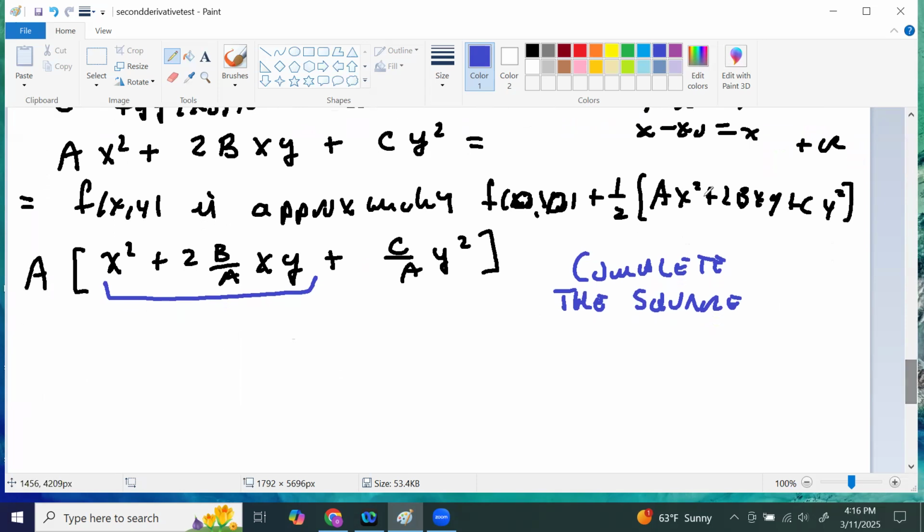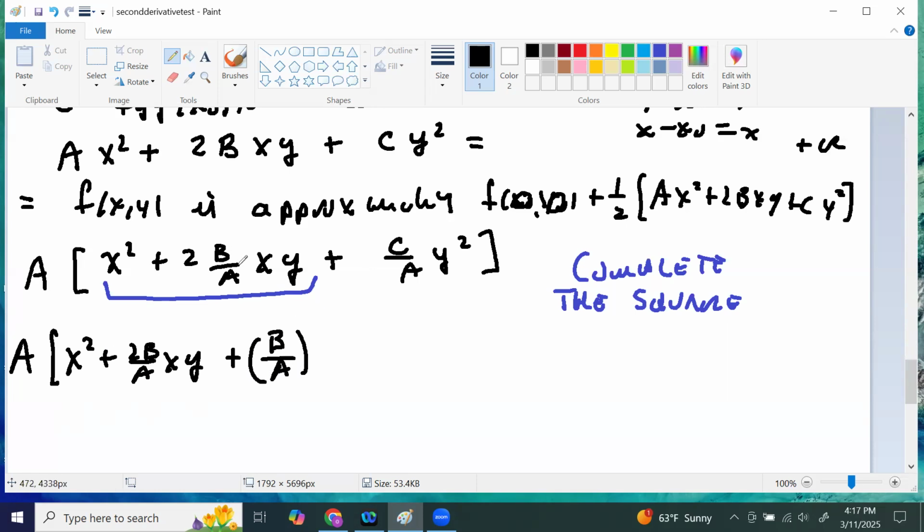And when you complete the square, this is what happens. This is a, we have this outside, x squared plus 2b over a x y. Then what I'm going to do is divide by 2 and square it. So plus, divided by 2, squaring. Now I'm doing this coefficient here.